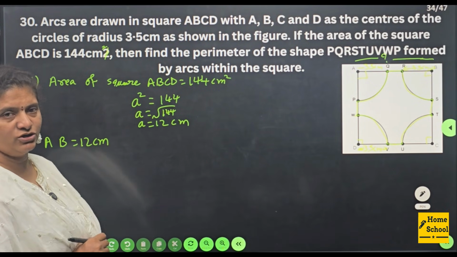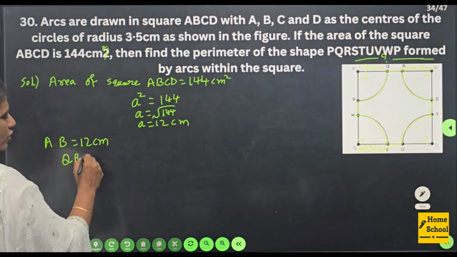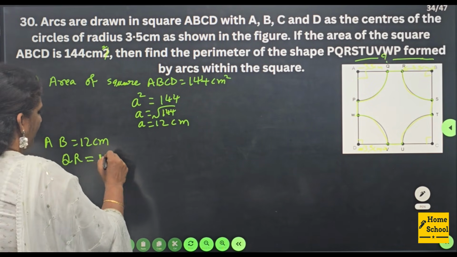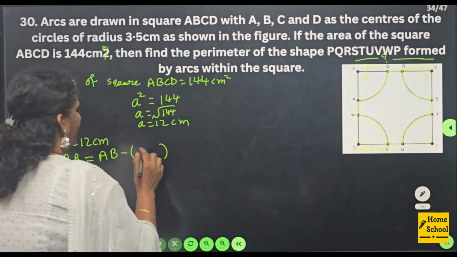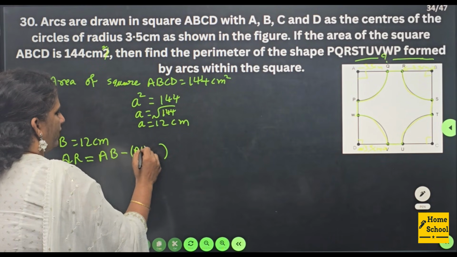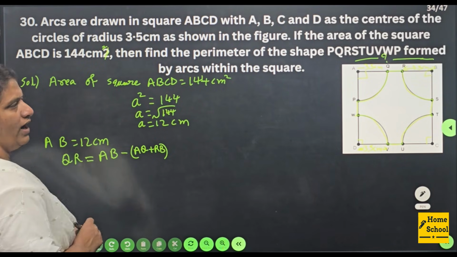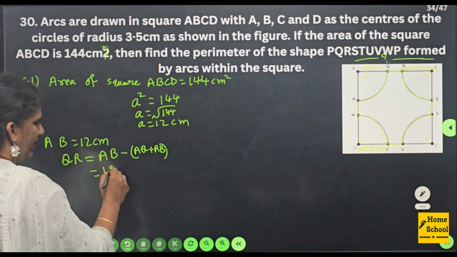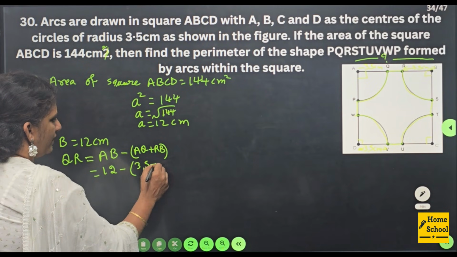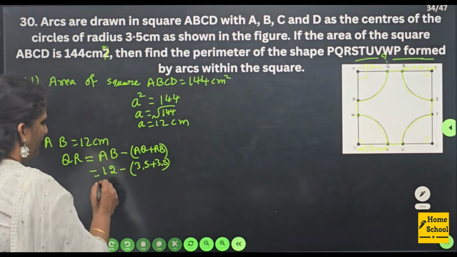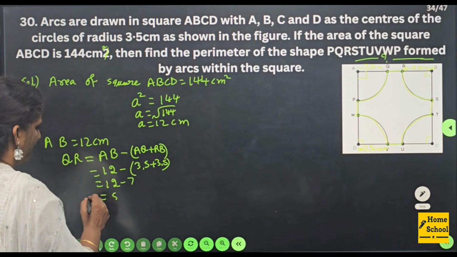We know if you want to find QR in AB, if you subtract AQ length and RB length, AQ plus RB, you are going to get the QR length. AB is 12. AQ is the radius of a circle, 3.5 plus 3.5. It will be 7. 12 minus 7, it will be 5.